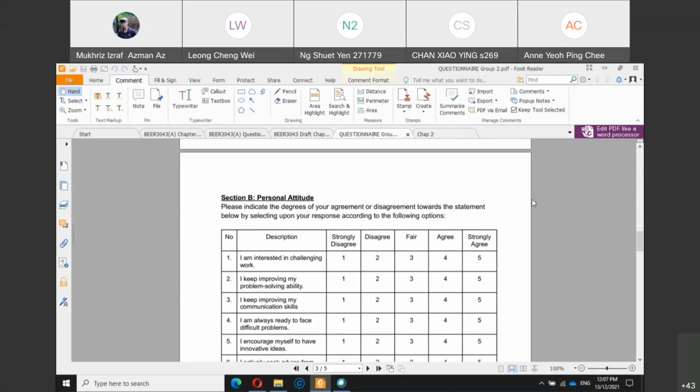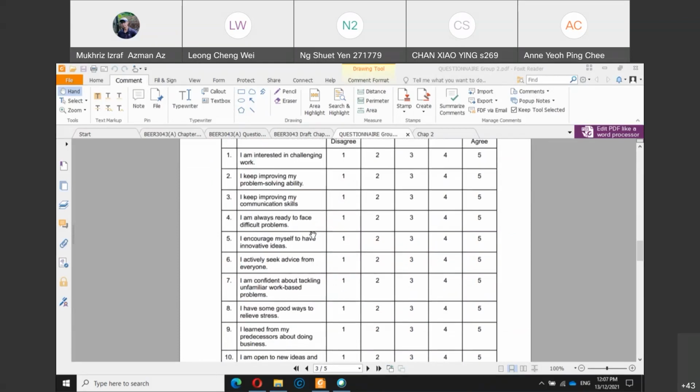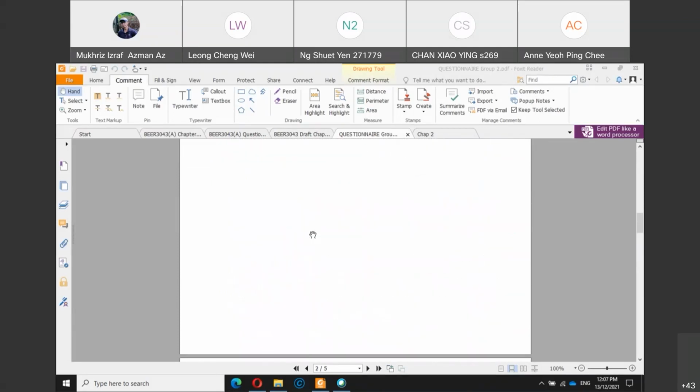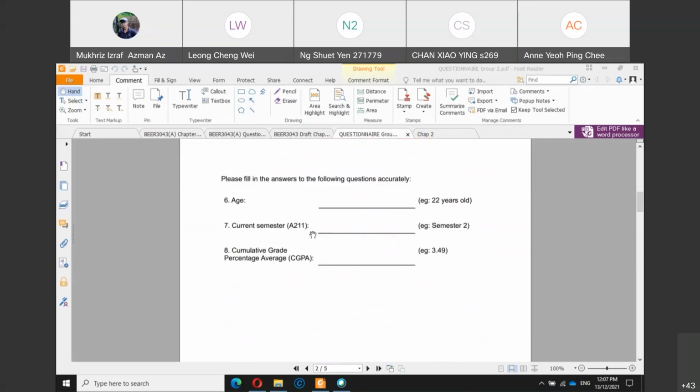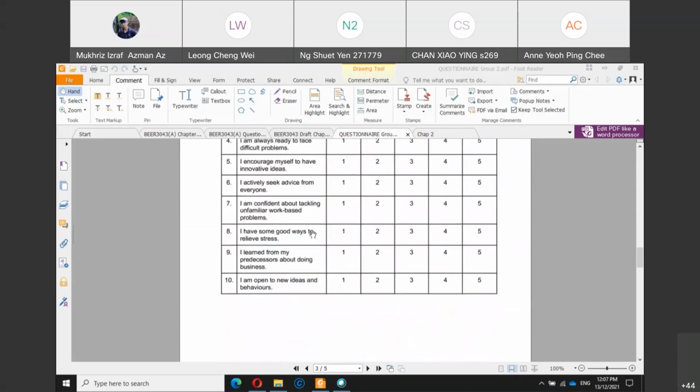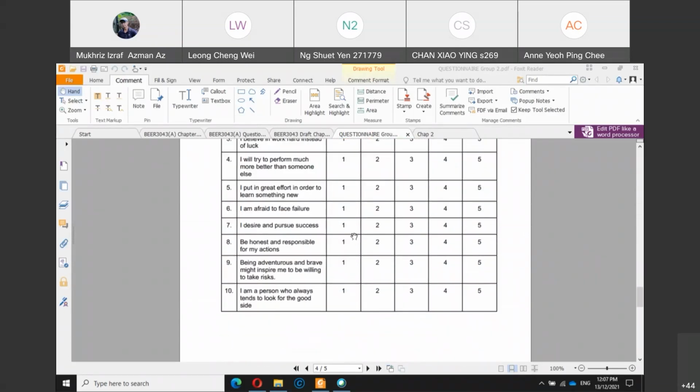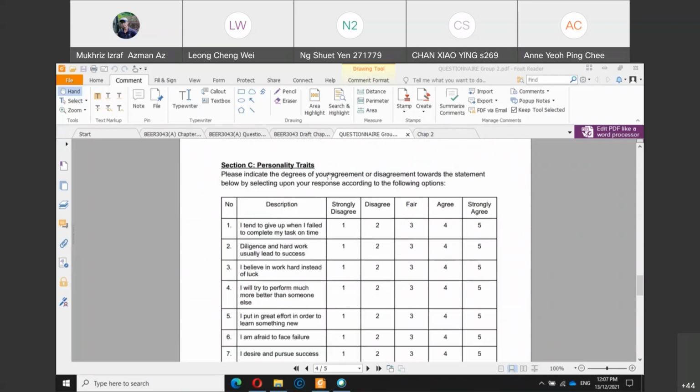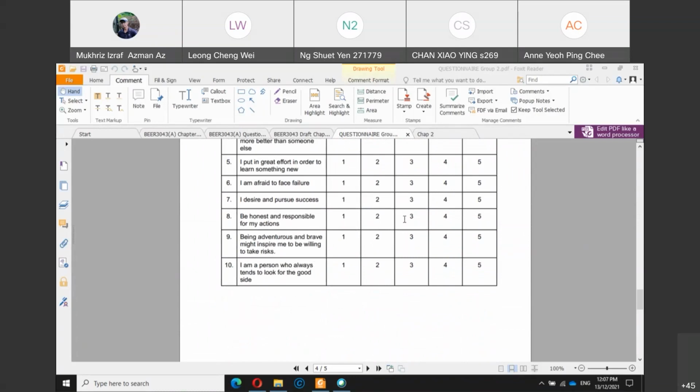I'm not sure why you want to ask about personal attitude, because you are focusing on entrepreneurial activity. I was hoping for questions on the business side, but this is more on personality traits. It has very little to do with our team. We are from SEAB, School of Finance, Economics, Banking, Agribusiness.